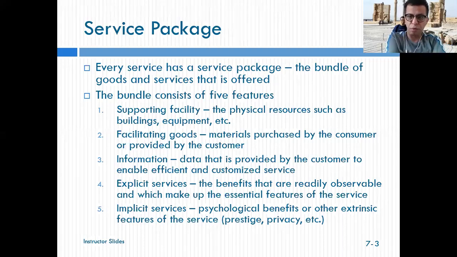They're both probably getting it from the same source, but it's a different psychological benefit that you're going to feel about it, the prestige, the privacy in it. So these are the 5 features that you look at in the service.